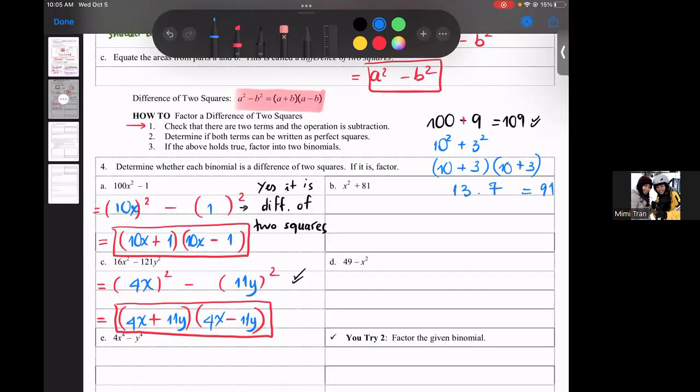So 13 plus 13. 13 times 13 is 169, which is not it, right? So we don't have any formula that allows you to do the sum of two squares, right? Sum of two squares, so we call it prime.